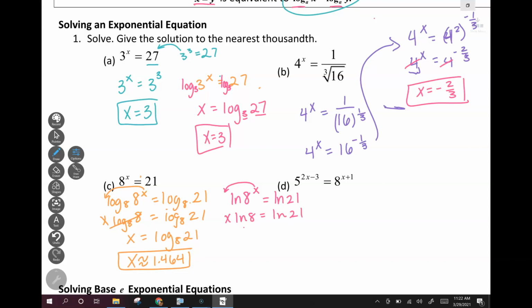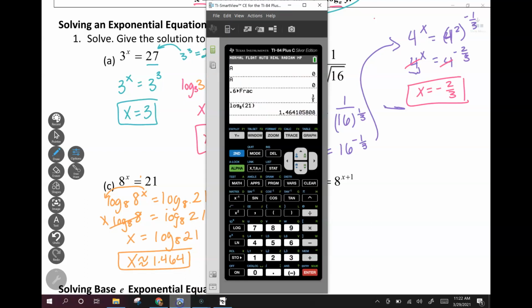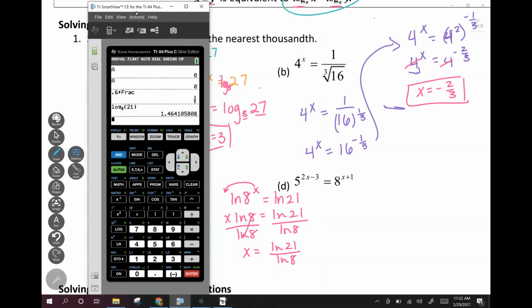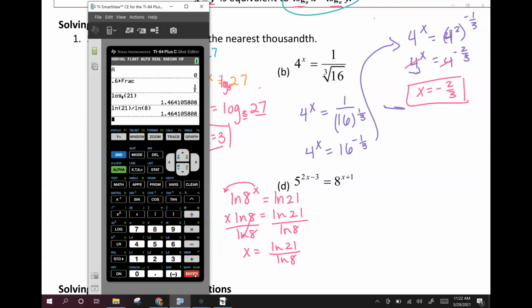That does not equal 1. So you're going to have to divide by ln of 8. So x equals ln 21 over ln 8. Like I said, you can use log base 10 or ln, either one, because both of them are in your calculator. And so now your answer is ln of 21 divided by ln of 8. And it would be the same thing if you did log base 10.